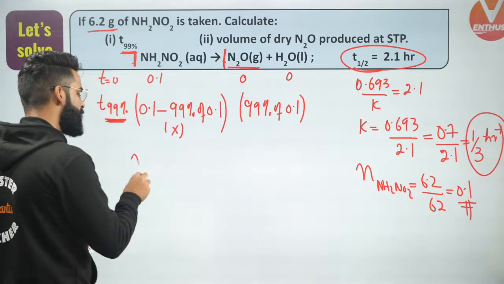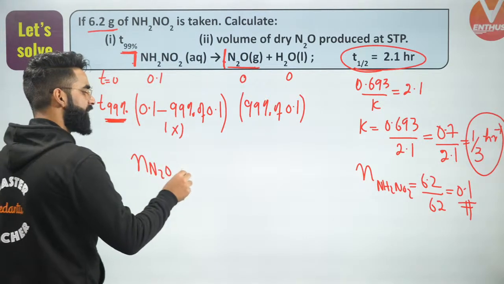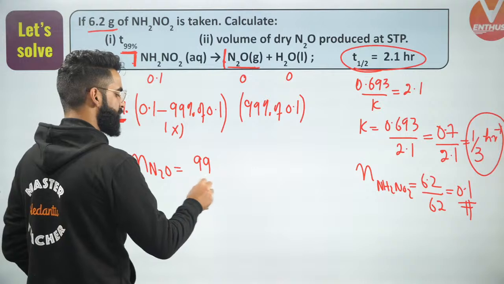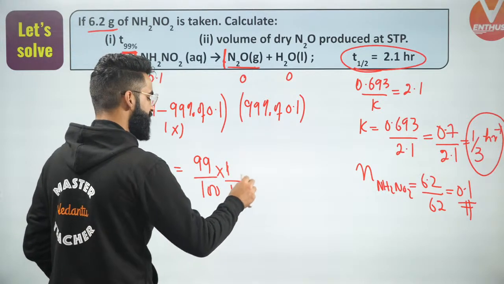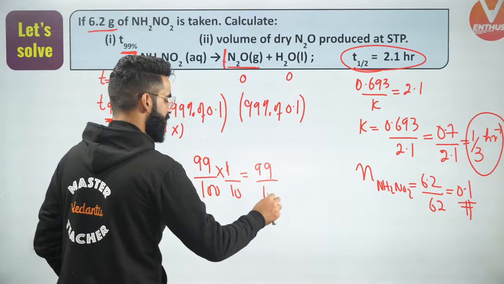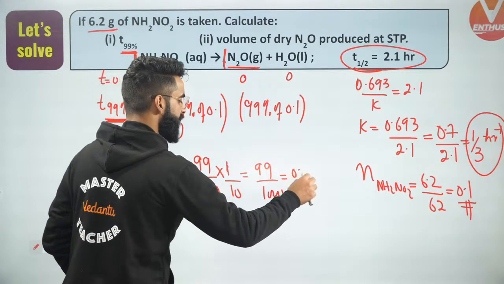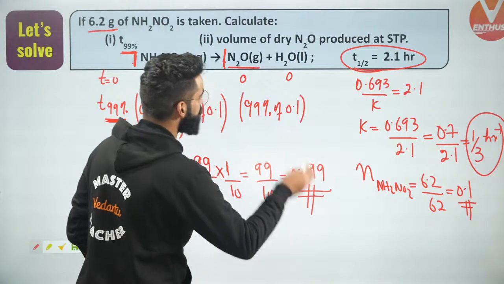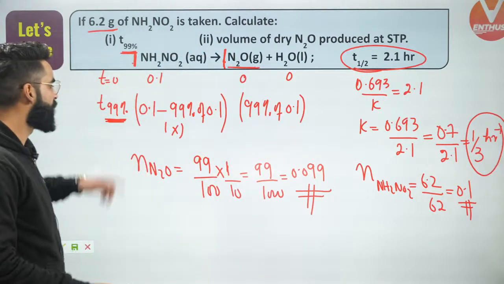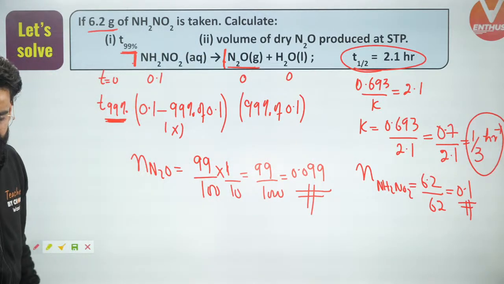That is 99 divided by 100 multiplied by 0.1, which is 99 divided by 1000, which is 0.099 moles. So 0.099 moles of N2O are formed when 99% of the reaction is completed.